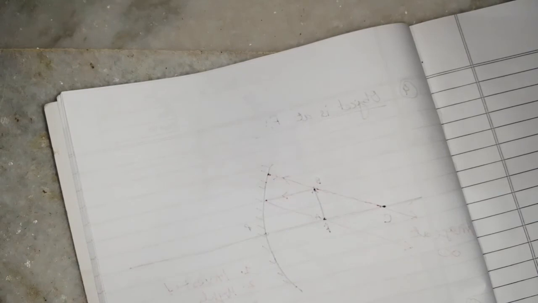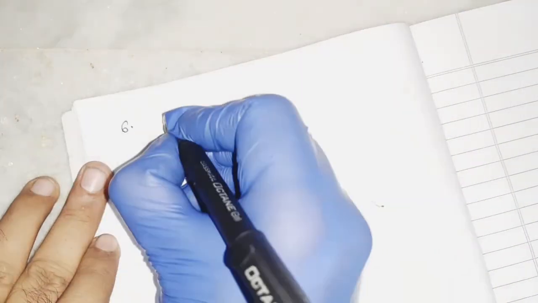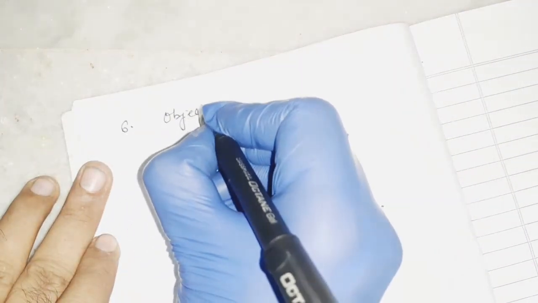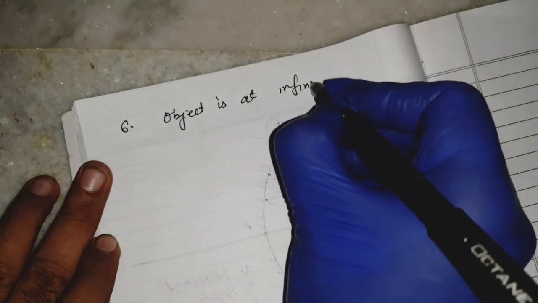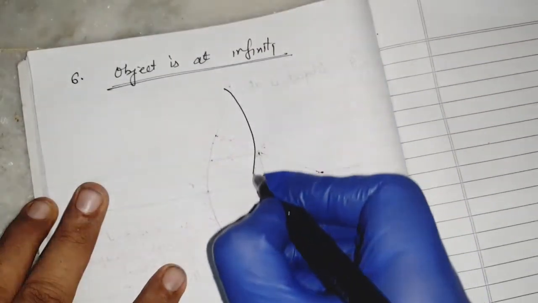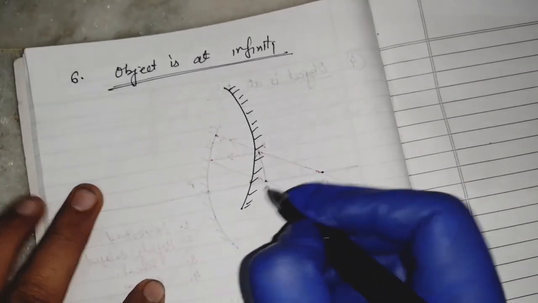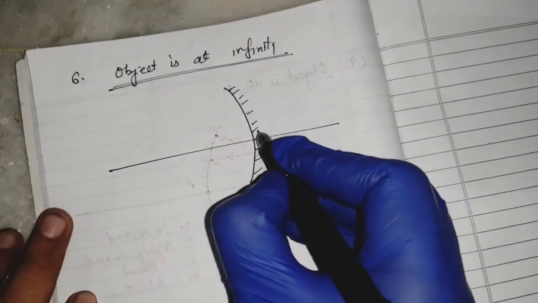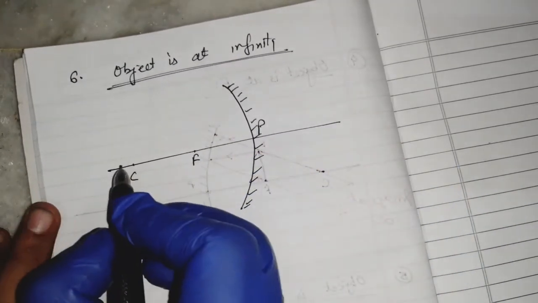In the 6th case, I am going to take the object at infinity, like sun, stars. So this is your concave mirror. This is your principal axis, this is your pole, this is your focus, and this is your center of curvature.